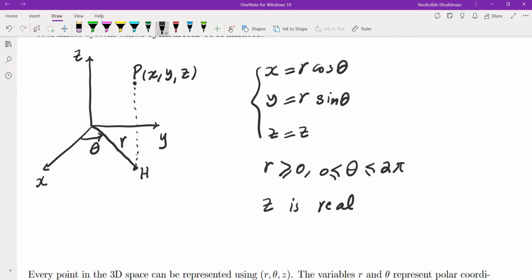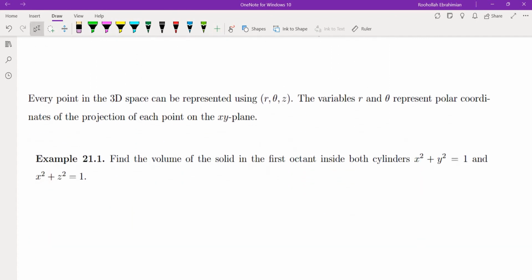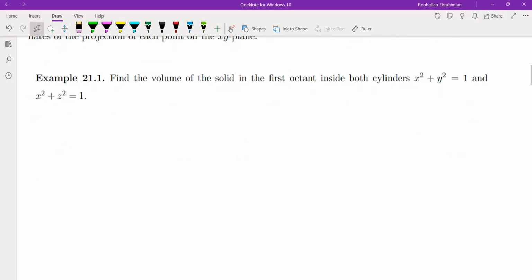So this is generally the limits of these three variables. Every point in three-dimensional space can be represented by r, theta, and z. The variables r and theta represent polar coordinates of the projection of each point on the xy plane. So now we will do some examples.